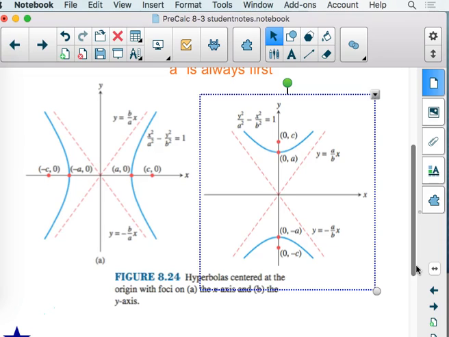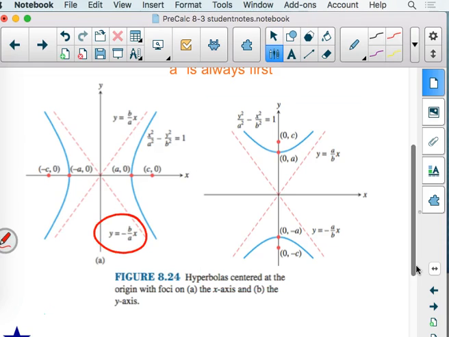One new little piece that we're not going to use a whole lot is these asymptotes right here, and we have little equations for these. I've said before, I don't like to memorize. I would rather make a sketch of it and figure out how these things came to be.